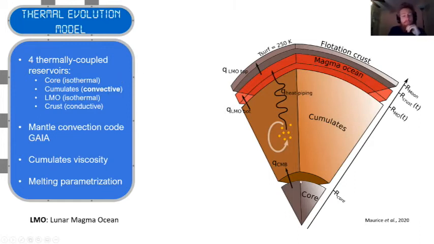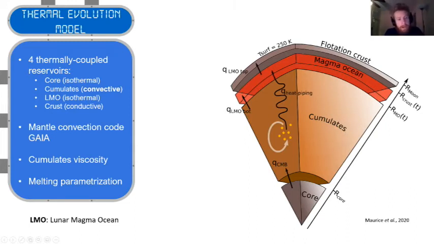So we took just the same model, but instead of solving the equation for heat conduction, we used our convection code Gaia to simulate convection in a 3D full sphere shell representing the lunar growing mantle.